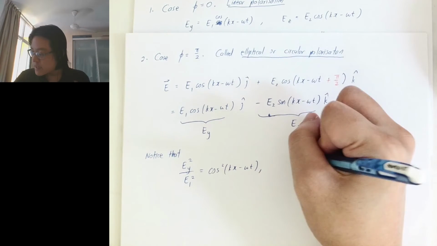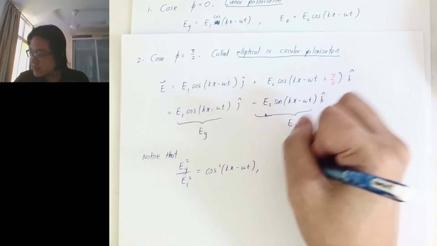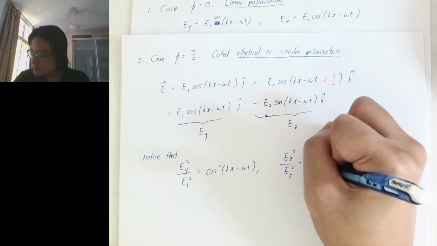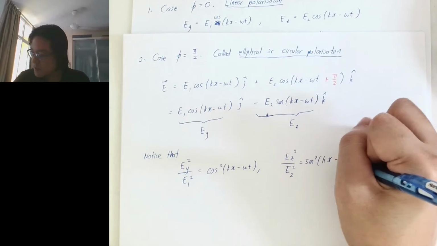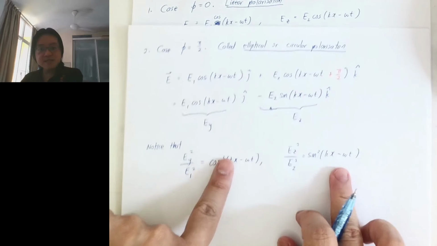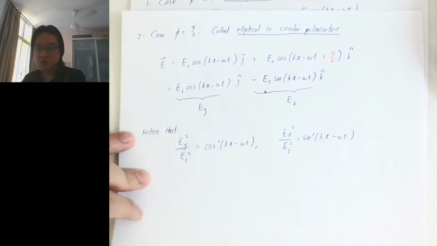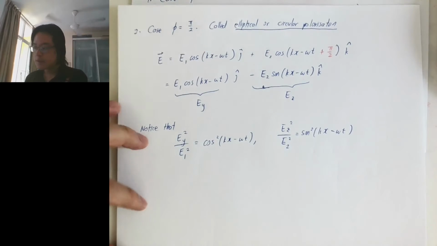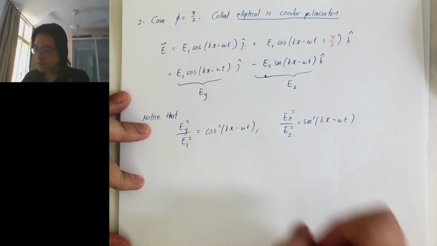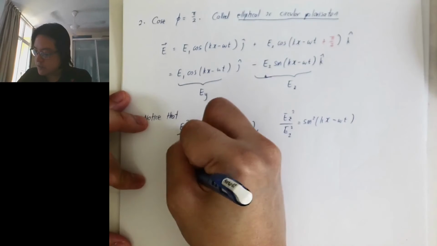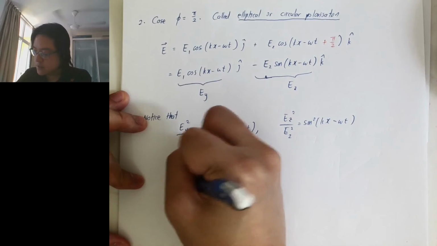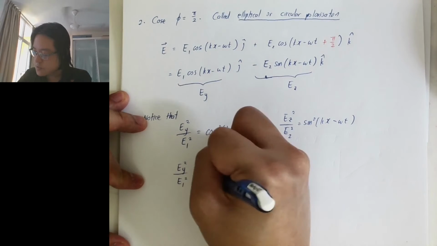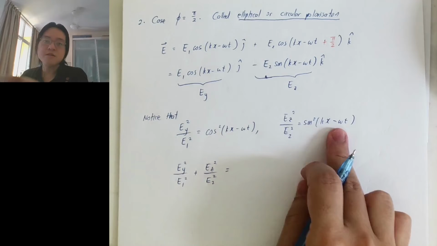And if I take EZ square and then divide by E2 square, I just get sine square (kx minus omega t). So if I add these two together, it becomes equal to 1. So EY square over E1 square plus EZ square over E2 square is just sine square plus cos square.